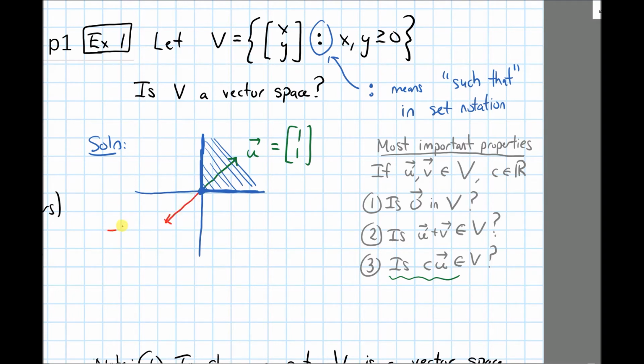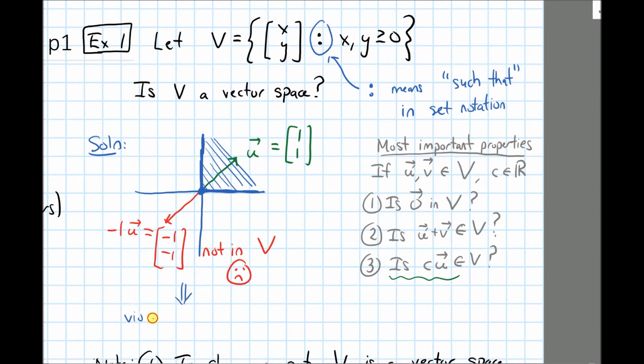So if I multiply u by negative 1, then I get the vector (-1, -1). And the thing is, I needed this result to still be in my original set. I needed it to be in this blue first quadrant region, but it's not. It's not in that blue region. And because it's not, sad face, that means we have a violation.